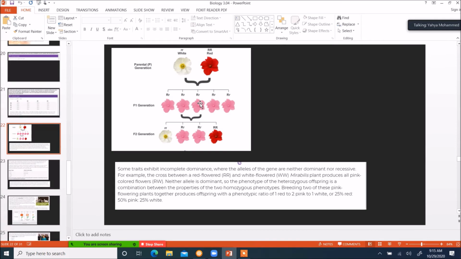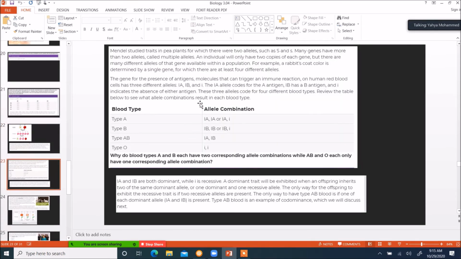All right. Now, the next one. F1 is all heterozygous genotype, right? Now, there's another similar idea that's called co-dominance. In the previous one we had incomplete dominance.